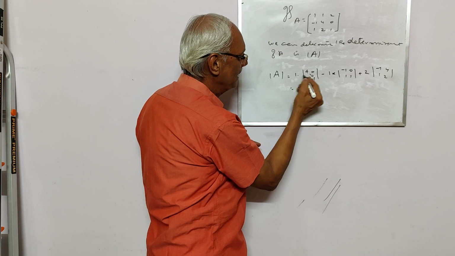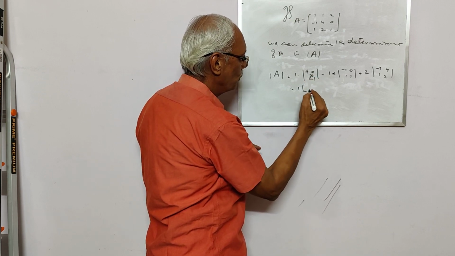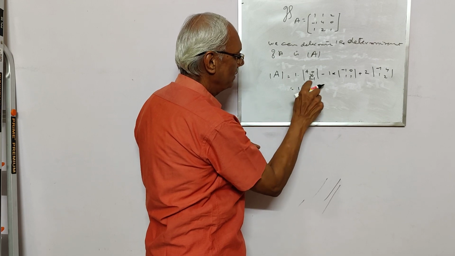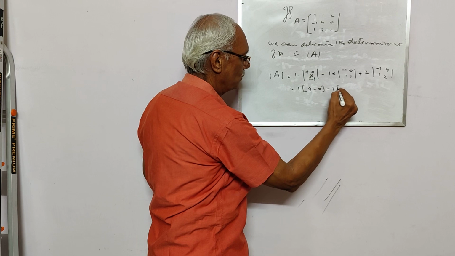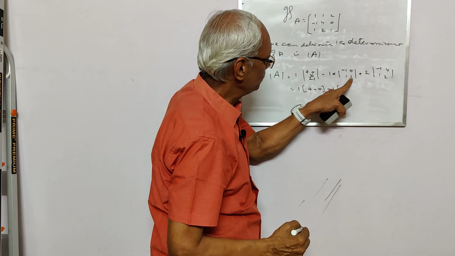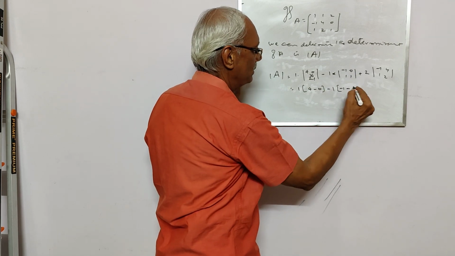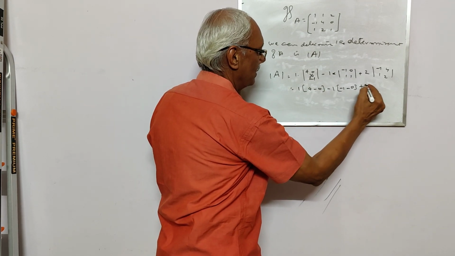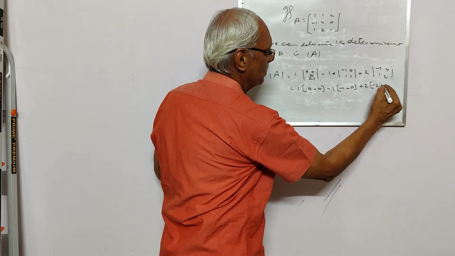You have to multiply this first and then these two. 4 into 1 is 4 minus 2 into 0. Minus 1 into minus 1 into 1 is minus 1, minus 1 into 0 is 0, plus 2 into minus 1 into 2 is minus 2.